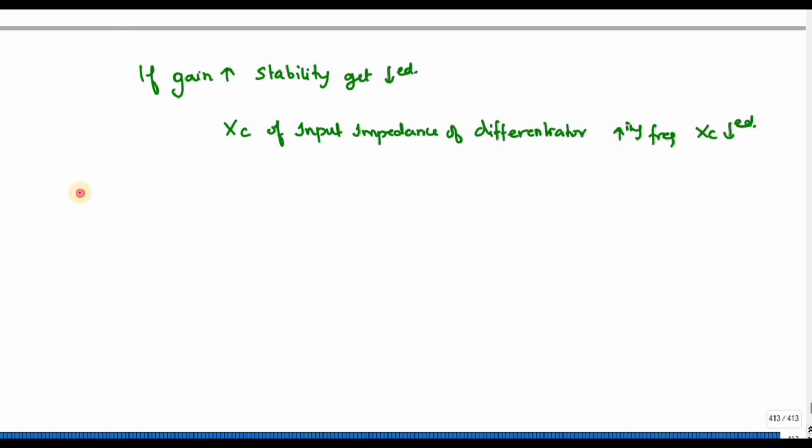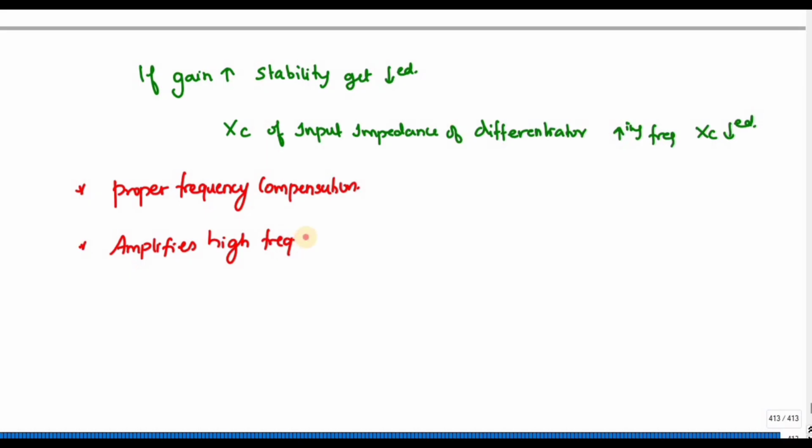Due to the instability, it also goes to oscillate. In order to avoid that, we have to employ a proper frequency compensation technique, in order to make it stable and to avoid the oscillation.